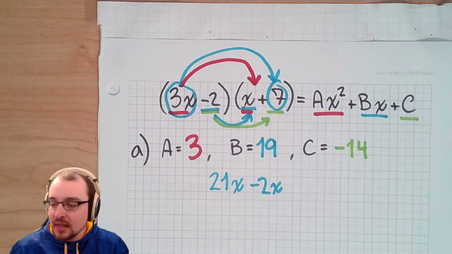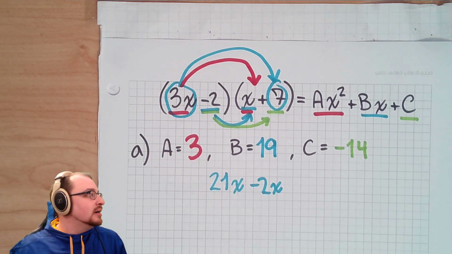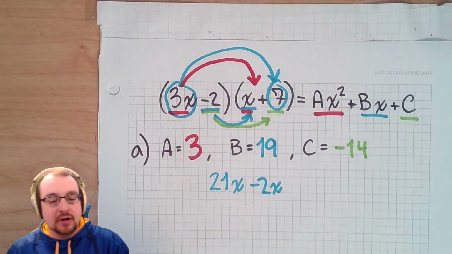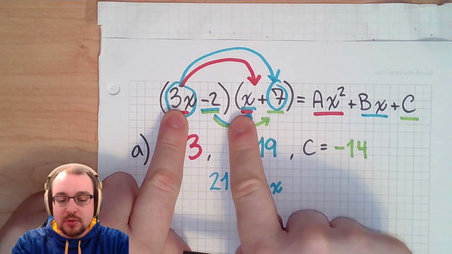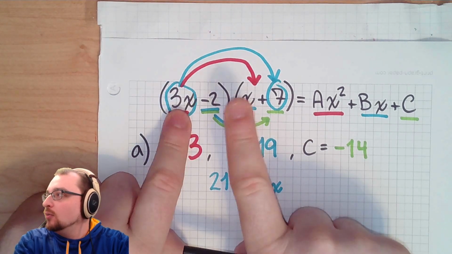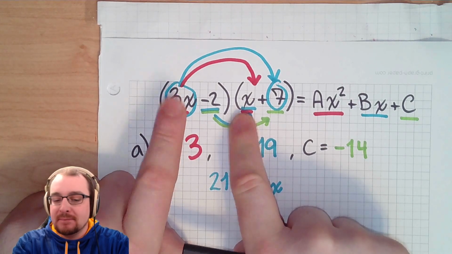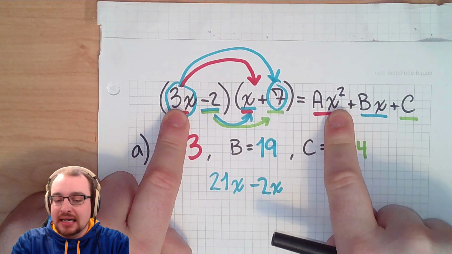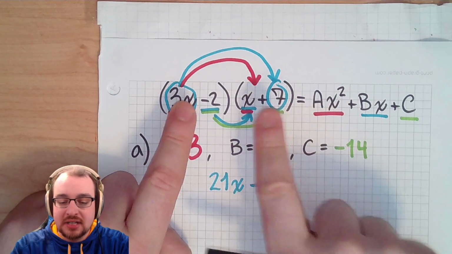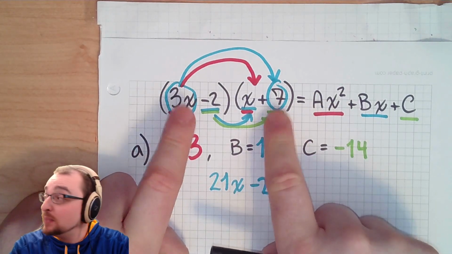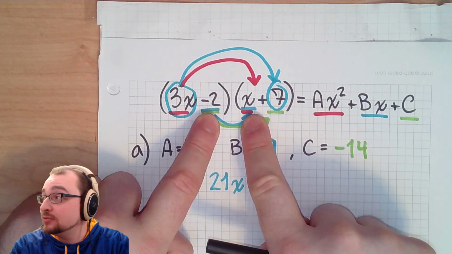Cool. Part B is asking about how A is related to this stuff, right? Well, notice A came from 3 times x. So that 3 in front of here, which we're not used to having, is going to affect our A. It's also going to affect our B because it multiplies here and triples that 7 before it adds to -2, right?